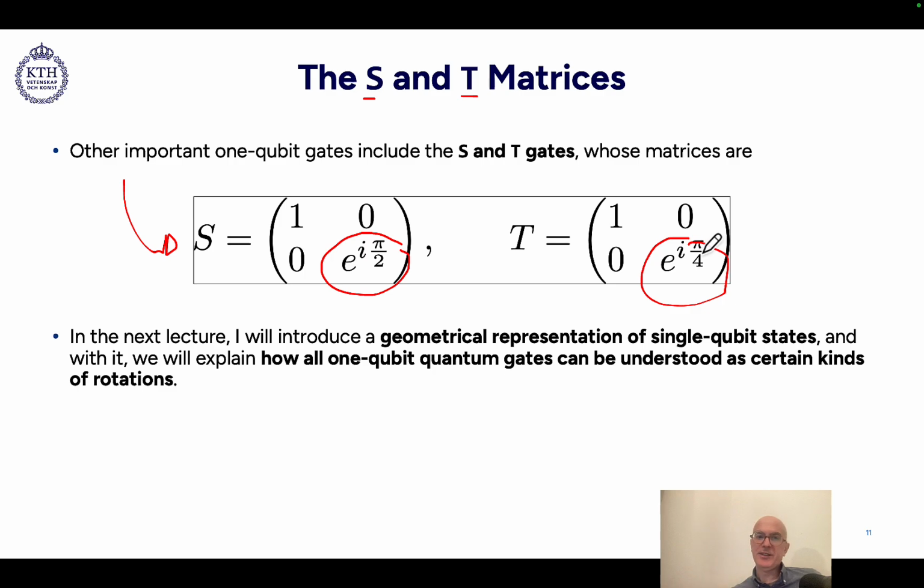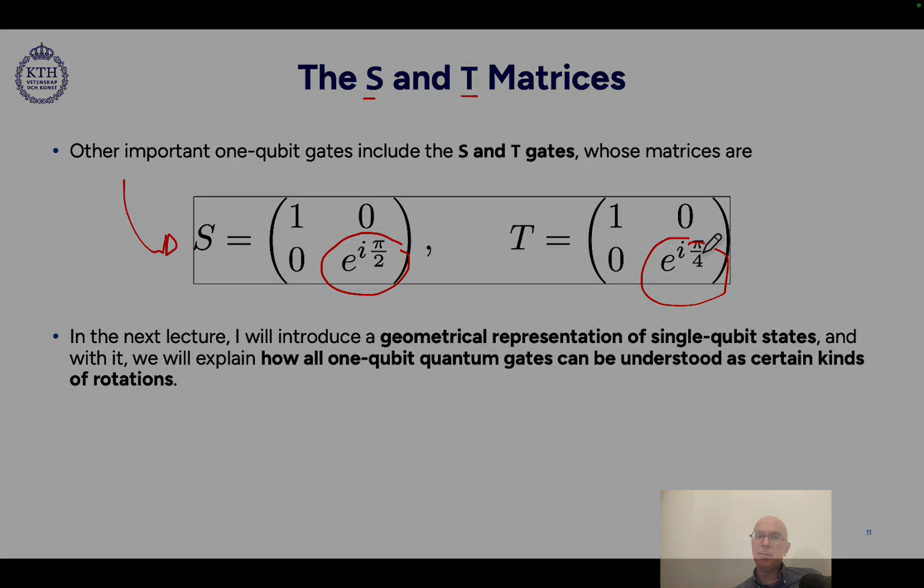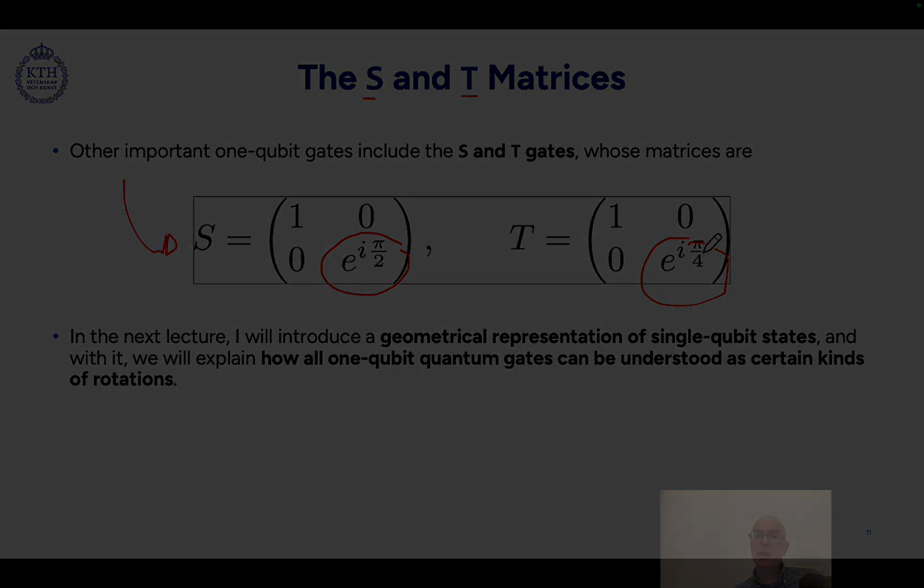In the next lecture, I will introduce a geometrical representation of a single qubit state known under the name of the Bloch sphere, and we will explain how all one-qubit quantum gates can be understood as a certain kind of rotation in the Bloch sphere. This is the last slide of this lecture. Talk to you soon.